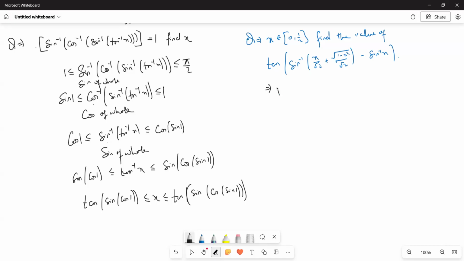As a method of solving this, put x is sin theta. Okay.